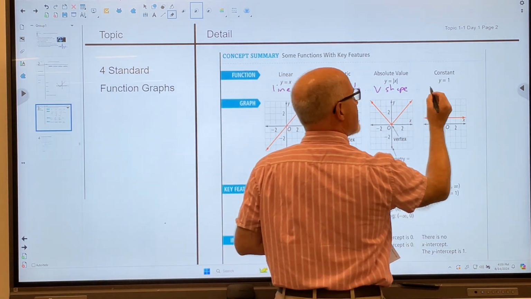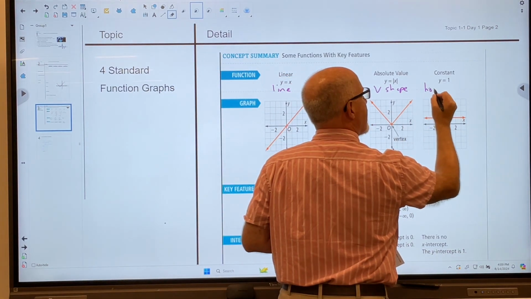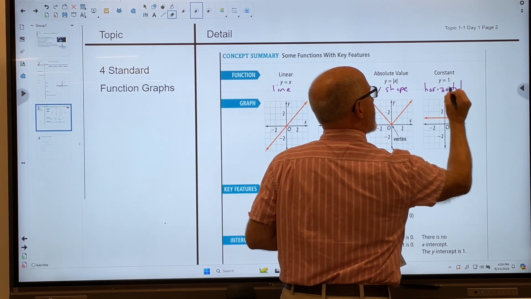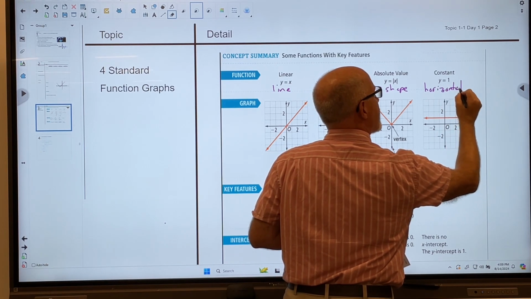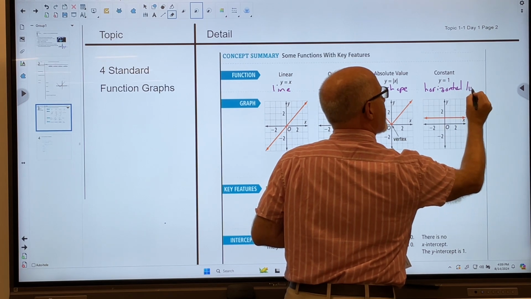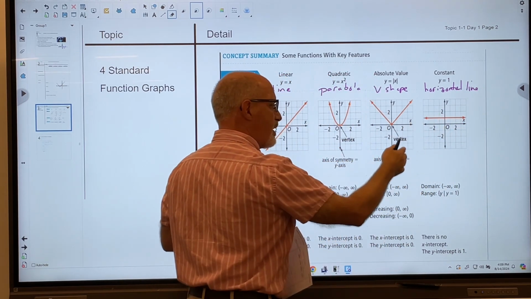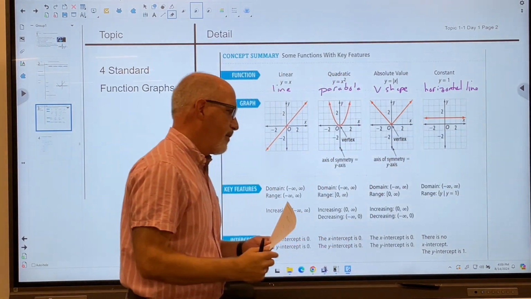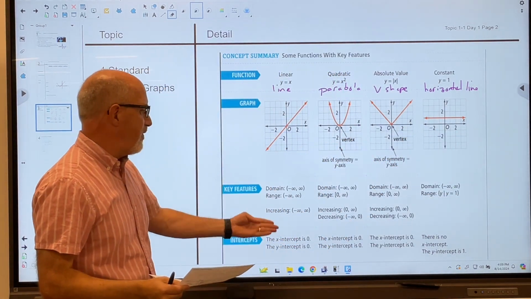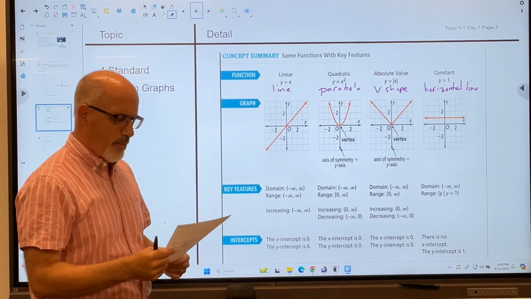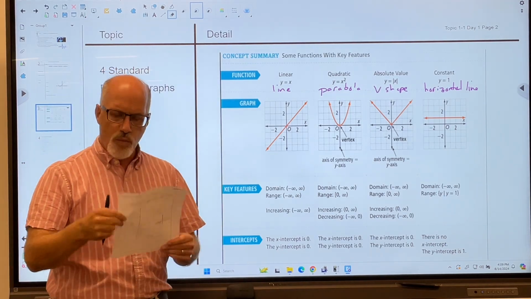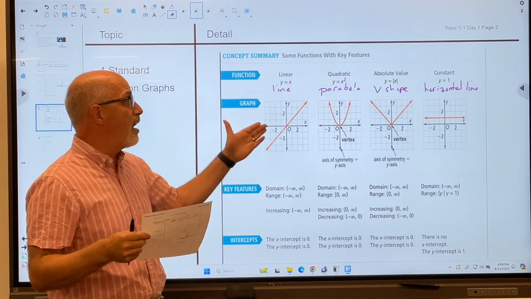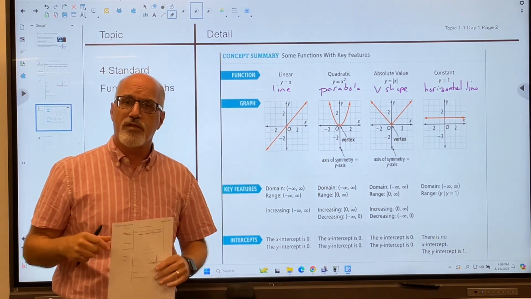And then a constant is a horizontal line. Whatever number you're given, like here we're given y equals 1, it's just horizontal there. Notice it talks about the key features and the intercepts as part of that. That's something you'll want to take a look through to get familiar with, because we're going to do a lot with these 4 types of graphs.